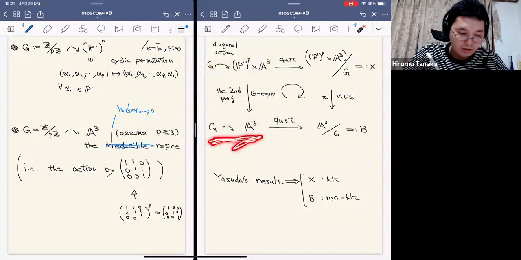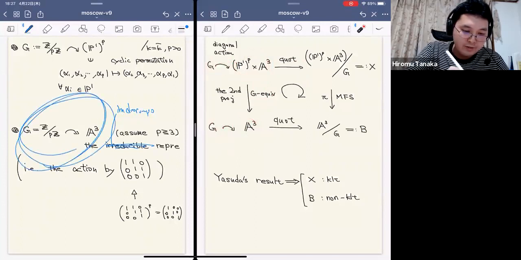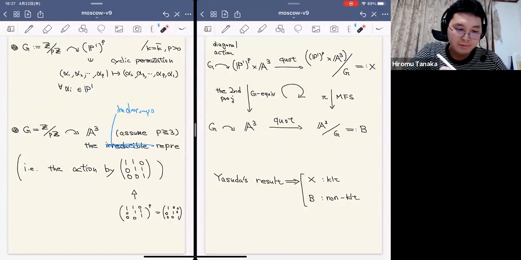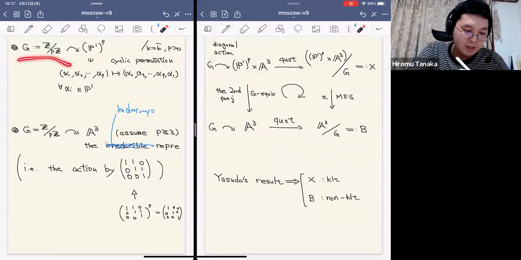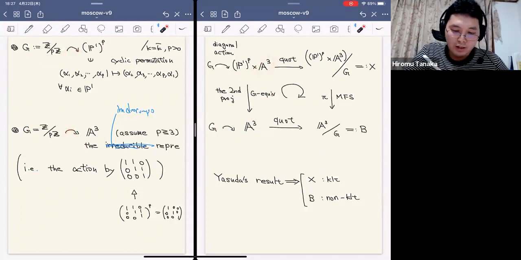And this one is nothing but this one. And this one is a diagonal action, as I explained. So this one has a G action like this, and this one also has an action. And this is the second projection. So this is G-equivariant.